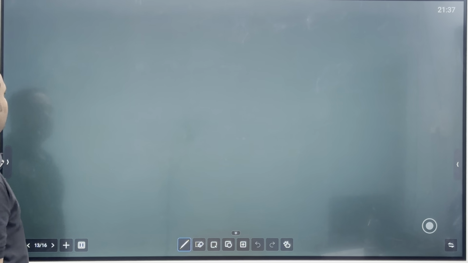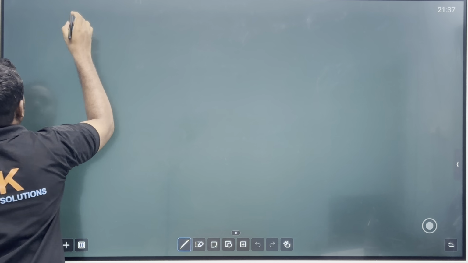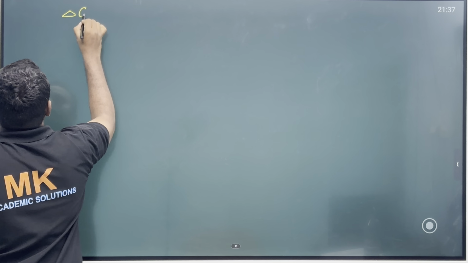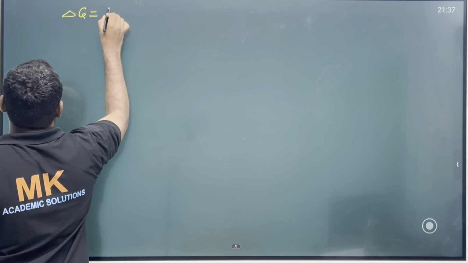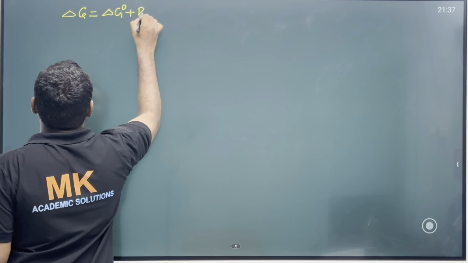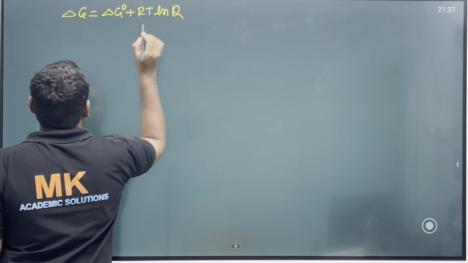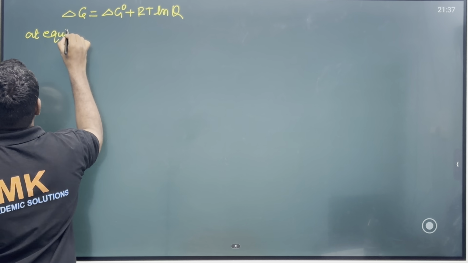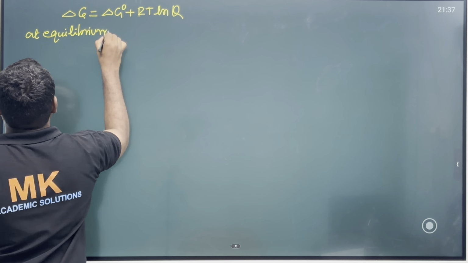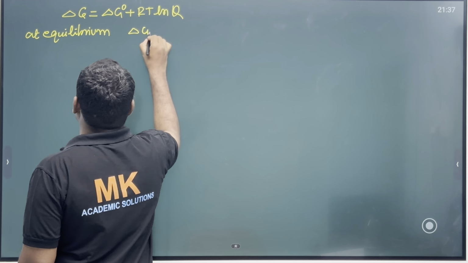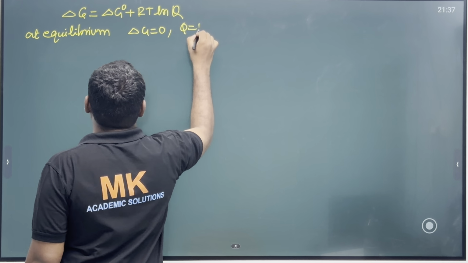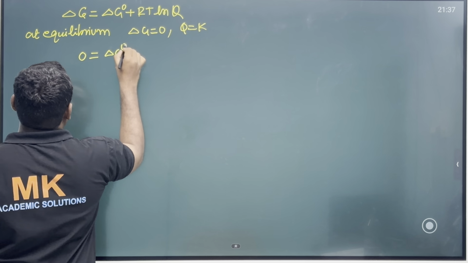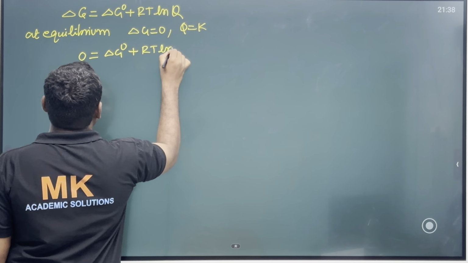Okay. So now, one more equation also we know. First you write delta G is equal to delta G naught plus RT ln Q, and at equilibrium, delta G is equal to 0 and Q is equal to K, therefore 0 is equal to delta G naught plus RT ln.